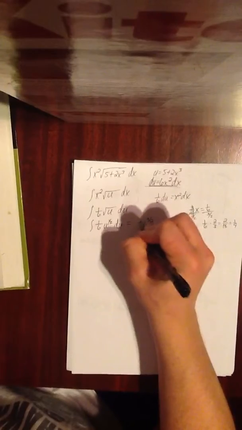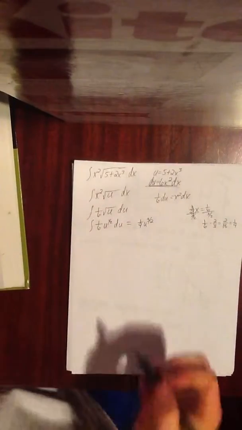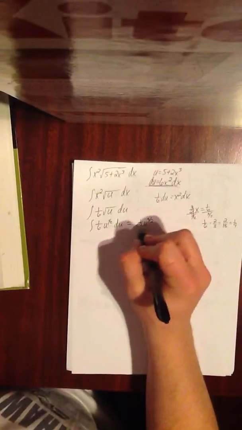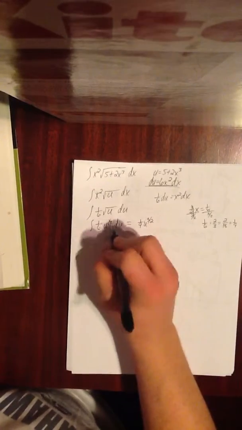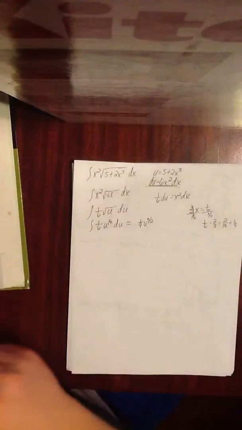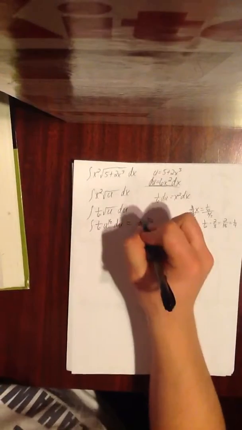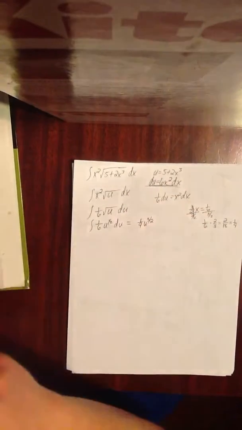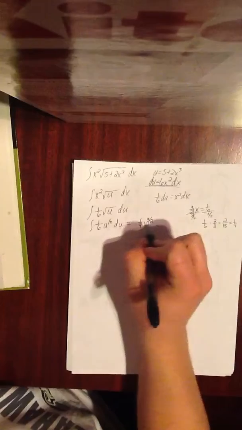So this is 1/9 u to the 3/2. If I do the derivative of that, 3/2 times 1/9 gives me 3/18, which is 1/6. Done. So I have 1/9 u to the 3/2 as my integral.